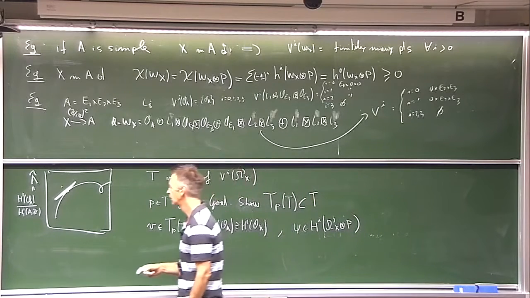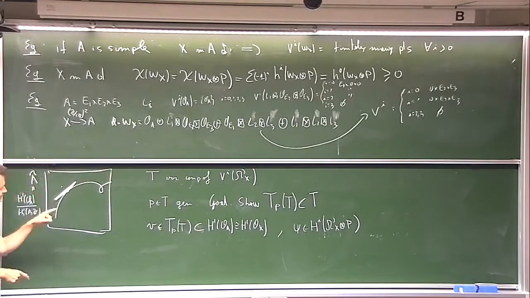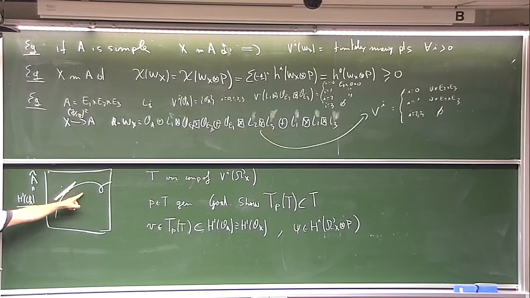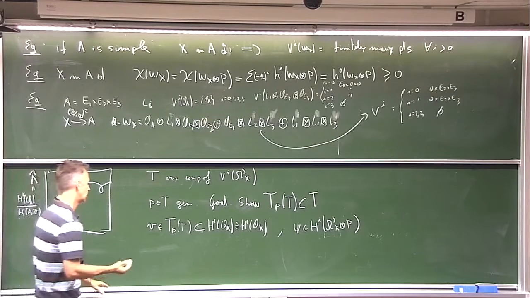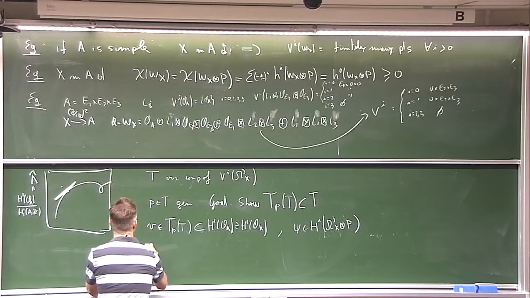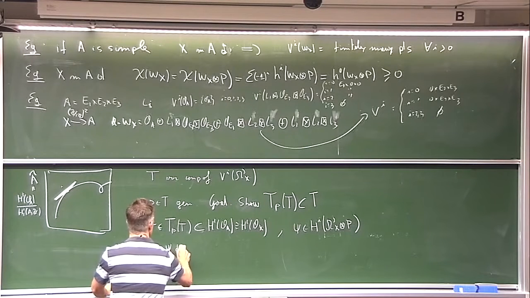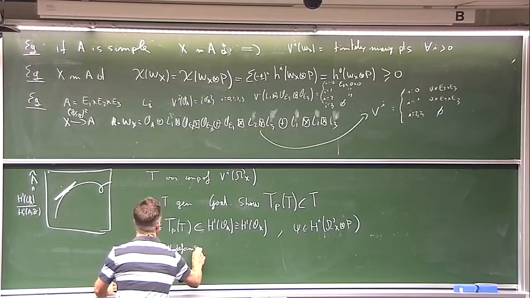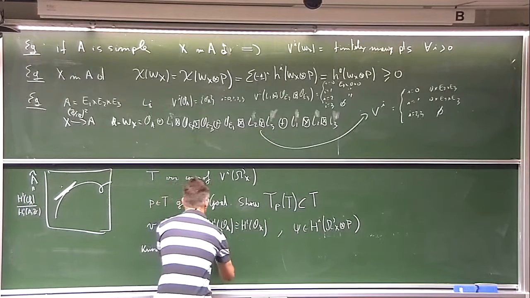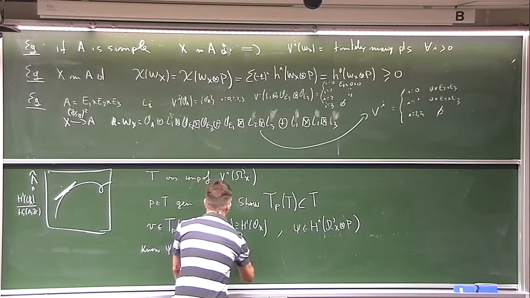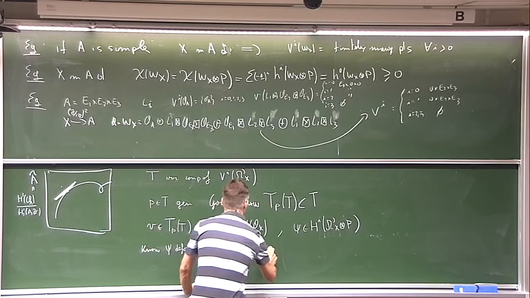Since V is in the tangent space, I know that this section deforms to first order, right? What I know is that psi deforms to first order in the direction v.